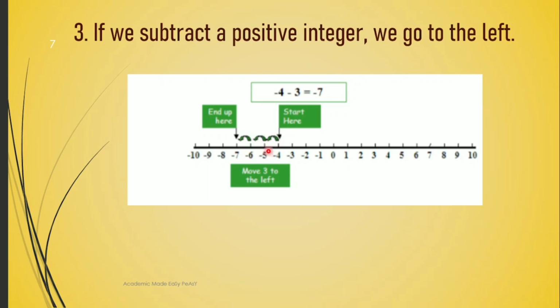So here is my -4 on this number line. Only thing is that you have to be careful whether you have positive or negative. If you have positive, you will move towards your right, and if you have a negative sign over here, you will move towards your left. From here I'm jumping 3 steps so that I land on the place -7. So -7 is my answer.